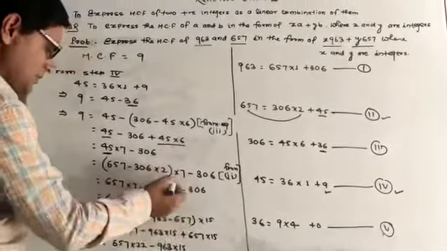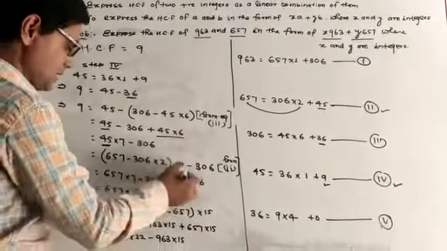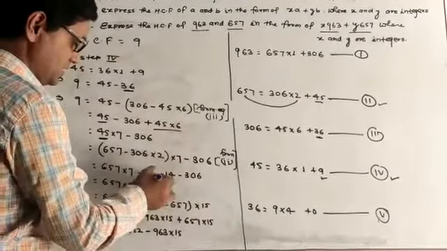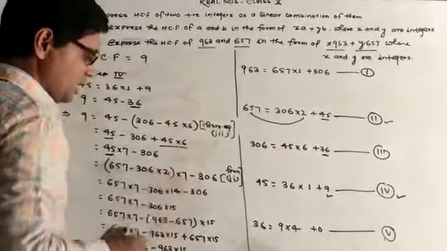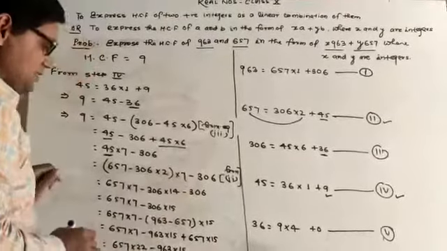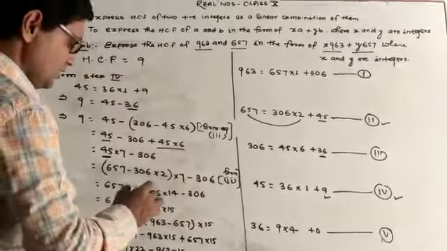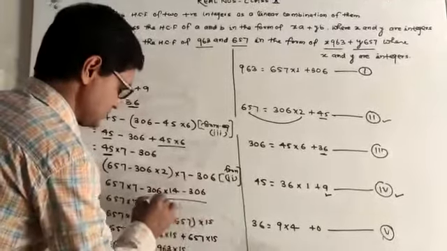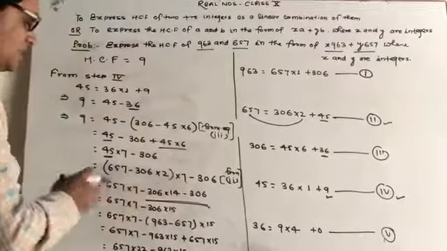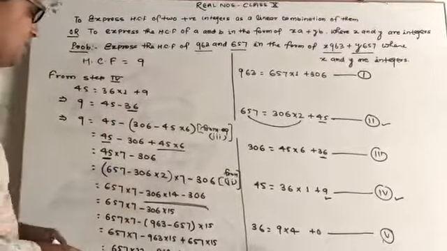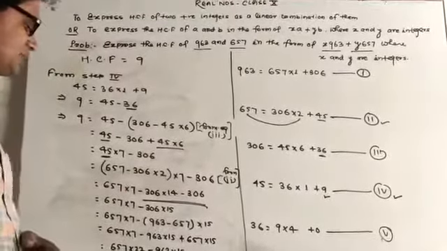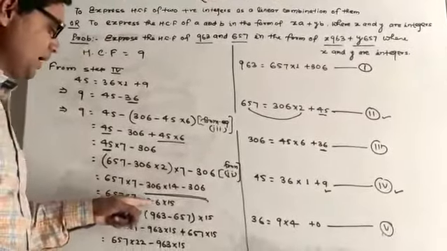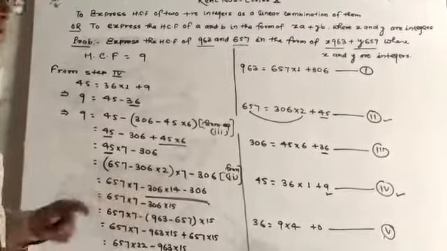When you multiply, 657 into 7 minus 306 into 14 minus 306. This results in 657 into 7 minus 306 into 14 minus 306, that will be equal to 657 into 7 minus 306 into 15.